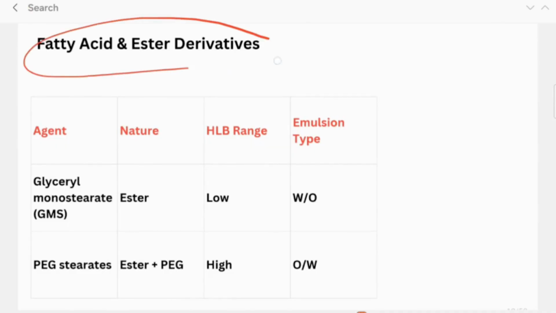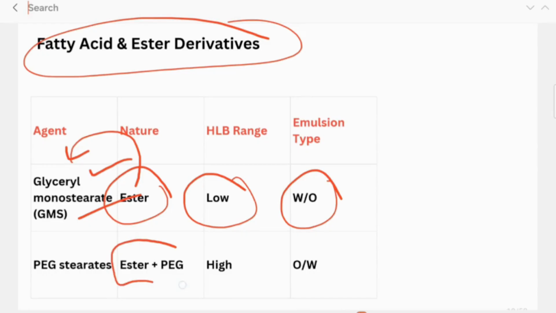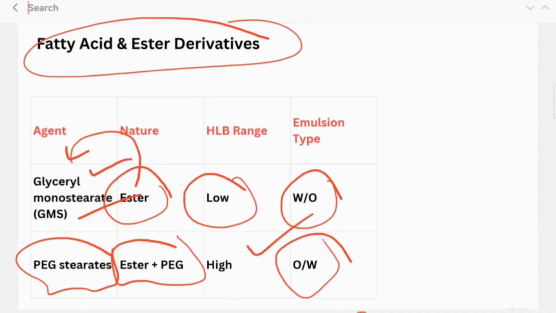Then fatty acid derivatives. Here an ester, naturally occurring, is modified to glyceryl monostearate. The HLB range is low and it produces water in oil type of emulsion. Then ester plus polyethylene glycol produces PEG stearates. The HLB value is high and it produces oil in water type of emulsions.